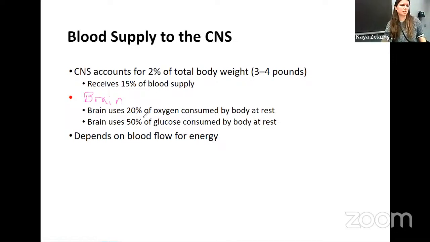So when you're resting, just sitting around, not even doing anything hard, you're going to be using 20% of your body's oxygen and 50%, like literally half, of the glucose in your body for making ATP, right? So this is because the brain really needs to be using glucose specifically for energy, right? So we need this blood flow going to the central nervous system. So this is why in lab, we also hammer on how we get that blood there.